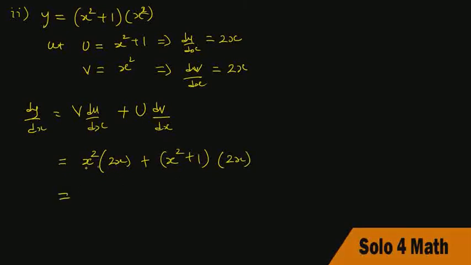So when we expand this, this will be 2x cubed plus 2x cubed plus 2x, which gives you 4x cubed plus 2x. You can try out this by expanding this and differentiating and see whether you end up with this.